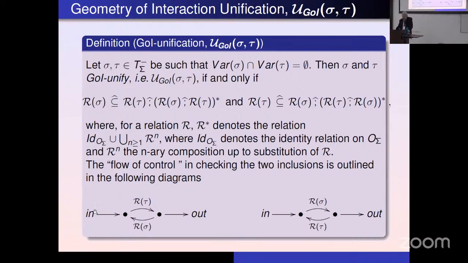So if you want to simulate a move in R tau, you give the initial move here, then you keep playing this game, and you come out with the second component of the strategy in R tau. And the same is with inverted roles. We have to check first that you can simulate sigma in tau, and then that you can simulate tau in sigma.